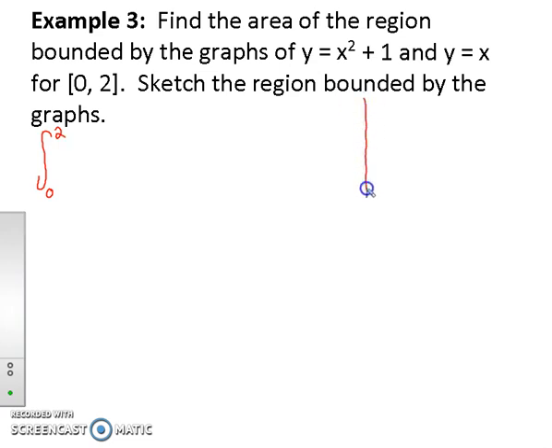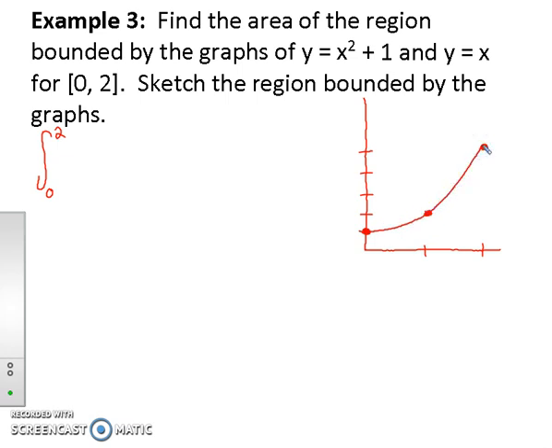I only care about from 0 to 2. So x squared plus 1, if we substitute 0 into that, we'd have a point at 0, 1. If we substitute 1 into that, we'd have a point at 1, 2. And if we substitute 2 into that, we'd have a point at 2, 5. So there is x squared plus 1.